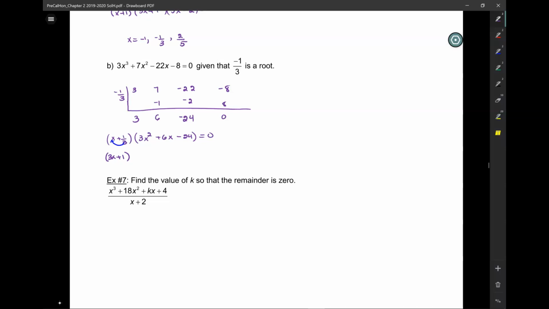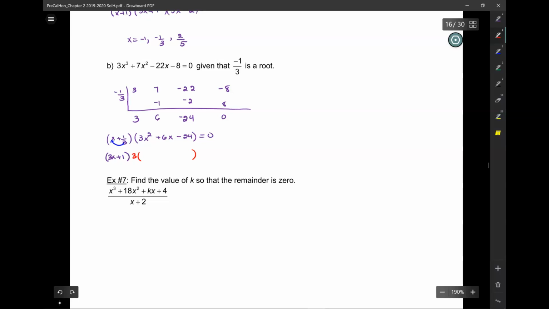It would matter if it just said to factor. Could you also just have it like that? You can put it as 3x plus 1, but we need to, no. Okay, and now from here we're going to factor out a 3. If you were to factor out a 3, that would also be 3x plus 1, if you were to factor out a 3 and then multiply it in.